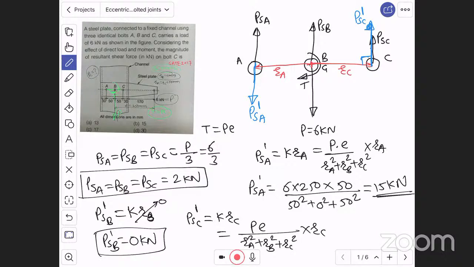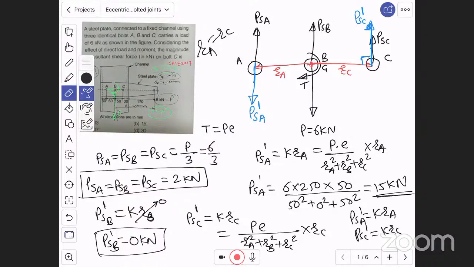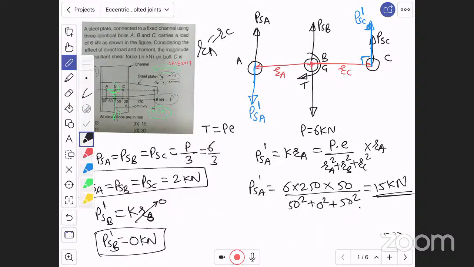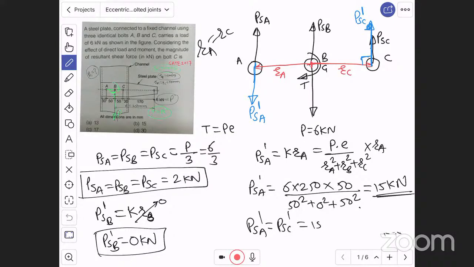My dear students, as RA is equal to RC, see, PSA dash is K into RA and PSC dash is K into RC, but RA is equal to RC. Therefore, PSC dash is equal to PSA dash, which is equal to 15 kilonewton. These are the loads.